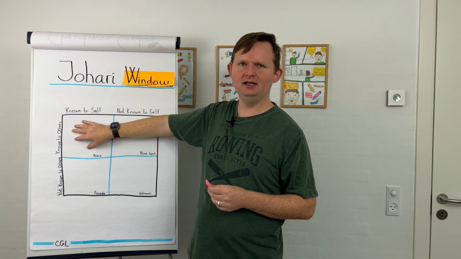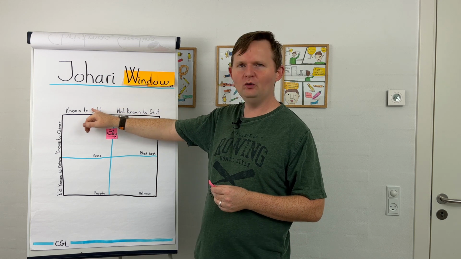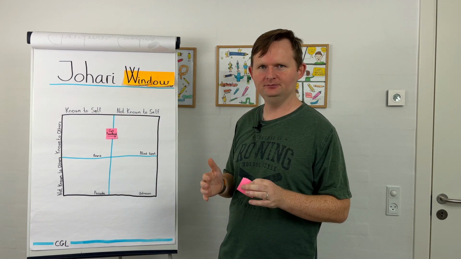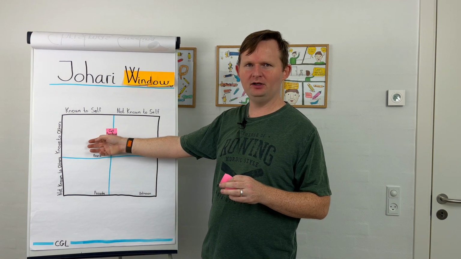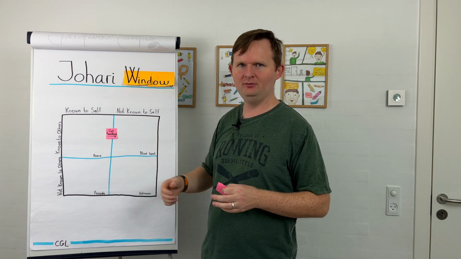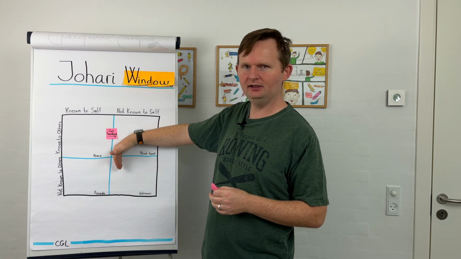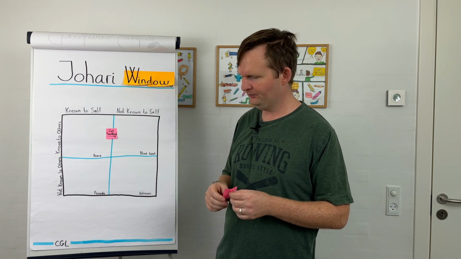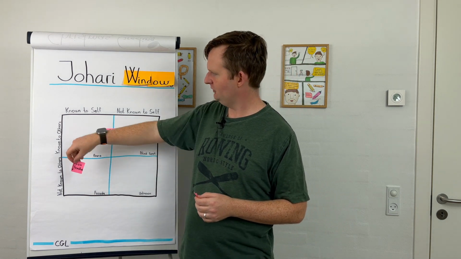We get some knowledge, we can all of a sudden move this, so we know more about ourselves, and that's super helpful. The bigger the arena, the better we know ourselves, and the better the rest of our environment knows us. So with feedback, we can move this line here, because then there's less that is not known to us.